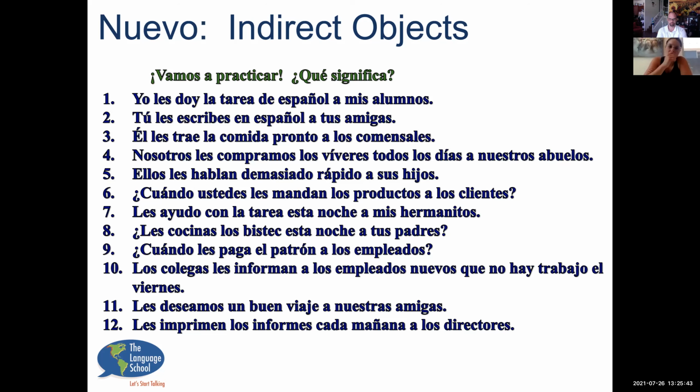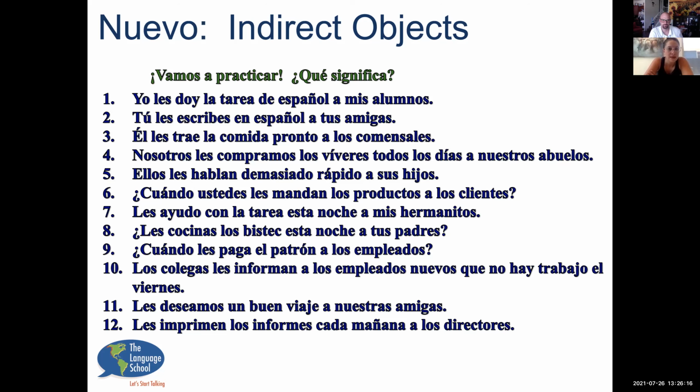Muy bien. Él les trae la comida pronto a los comensales. Les trae la comida pronto. He will bring to them, to the diners, their food very soon. That's disjointed, but effectively. Yeah. Nosotros les compramos los víveres todos los días a nuestros abuelos.